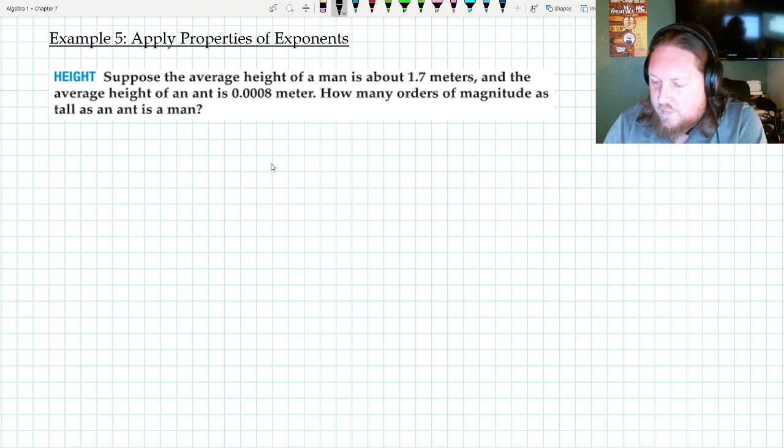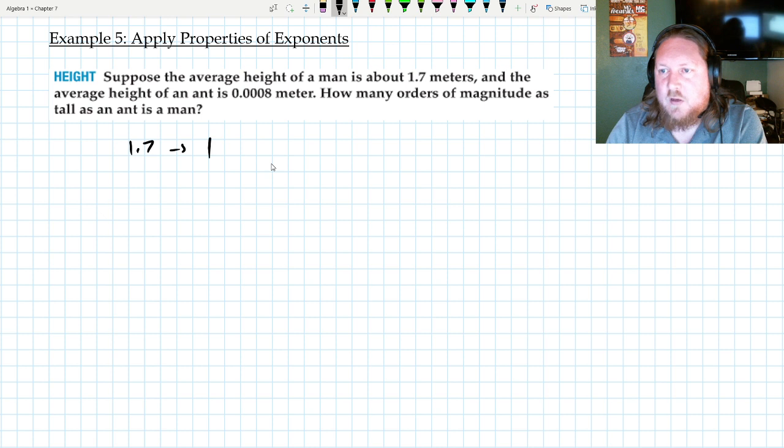So 1.7, the closest order of magnitude there is going to be 1.